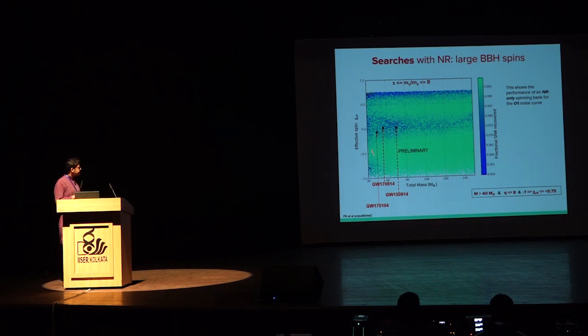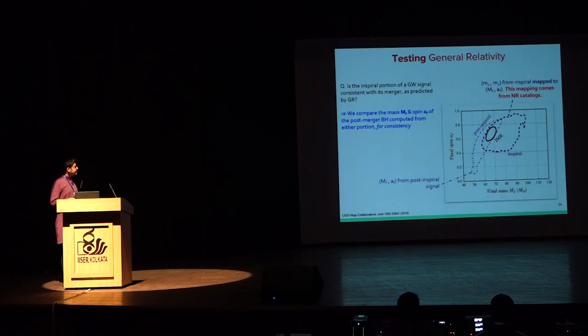And just to illustrate what's important about this region, more than half the events that we have seen actually lie in this very corner of the binary black hole parameter space, including some illustrious events that I've explicitly shown here.